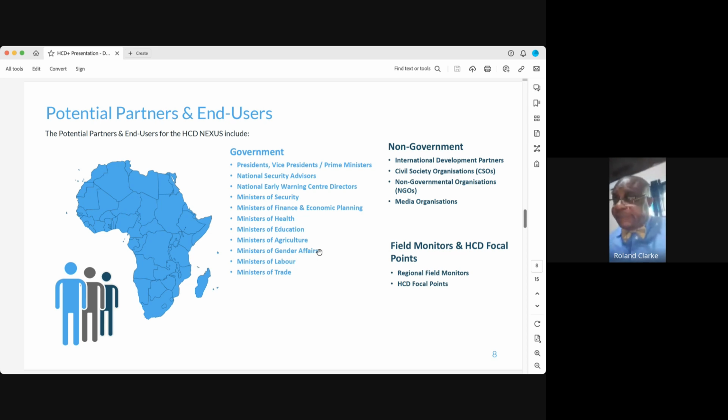So the slide speaks for itself, but what is very, very key is the coordination aspect of all these institutions: government, non-government institutions, civil society, religious leaders, traditional people, local government, HCD focal people, and regional and field monitors. Let me, from this point, turn over to my colleague to continue the presentation.